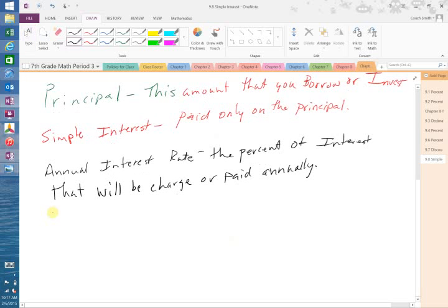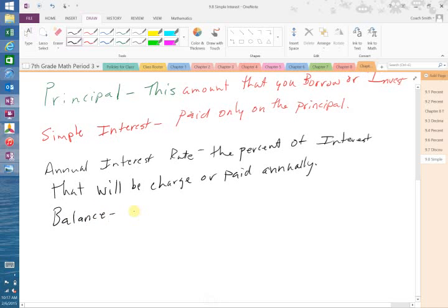Now, the last one is the word balance. This is the principal plus the interest.